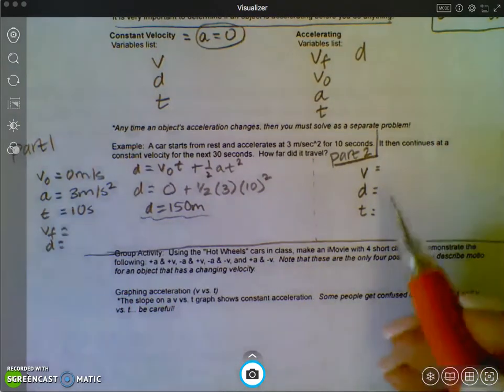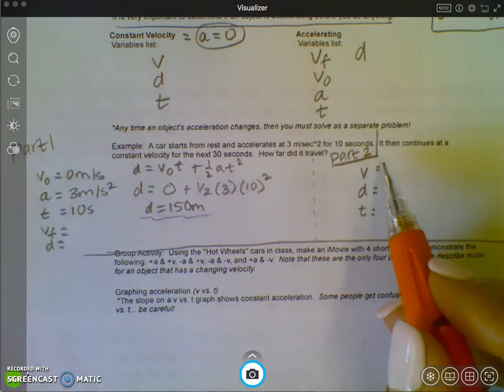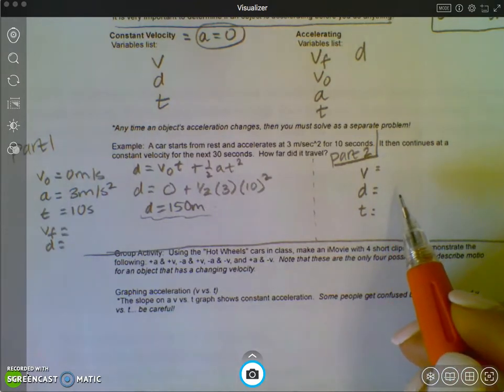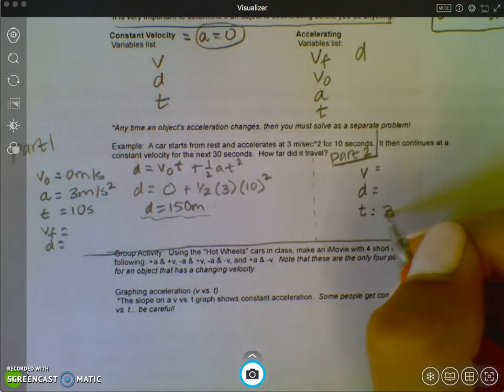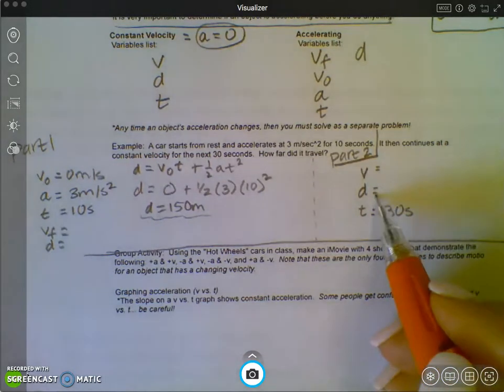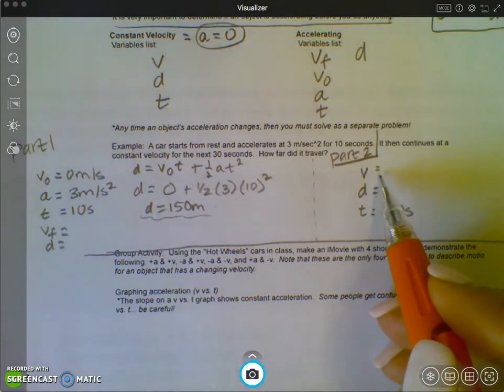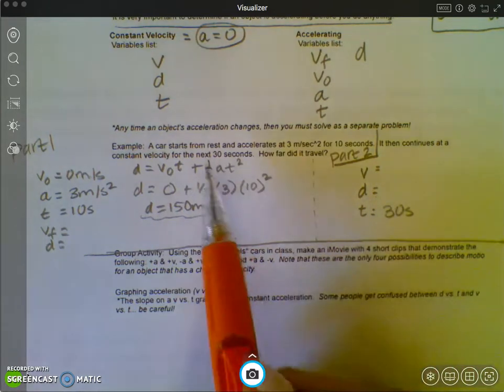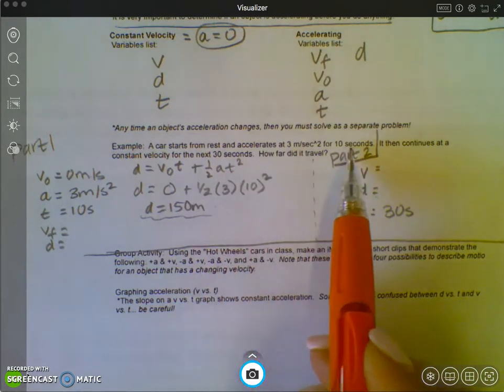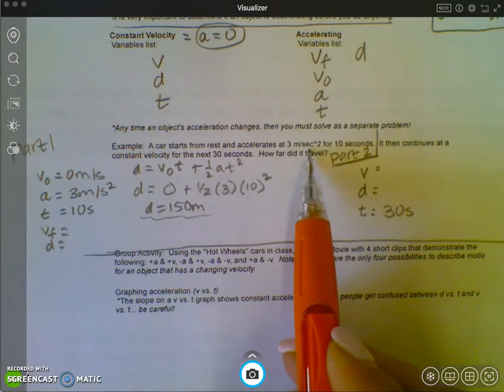Okay. Now, for part 2, all that we know is that we're going to go for a total of 30 seconds. We don't know the displacement, that's what we're looking for, and we don't know the velocity. This is the tricky part. The car starts from rest and accelerates for 10 seconds at 3 meters per second squared.